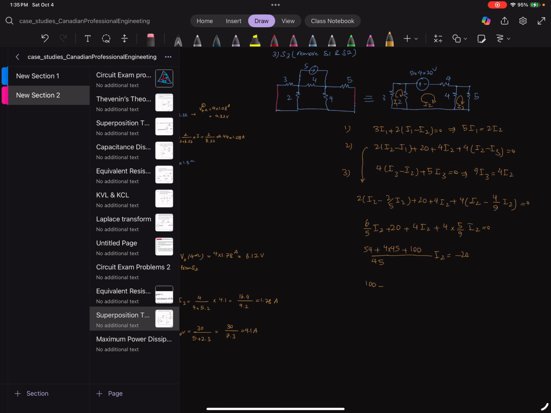So 180 plus 54, i2 is minus 20 times 45, minus 900. I2 is equal to minus 900 over 334.